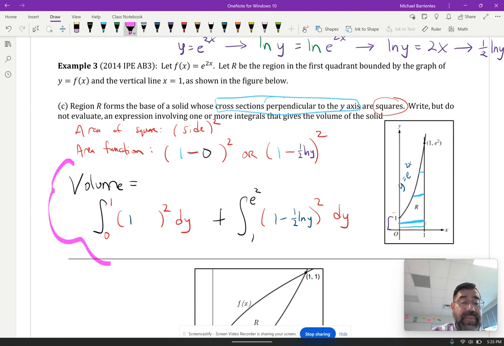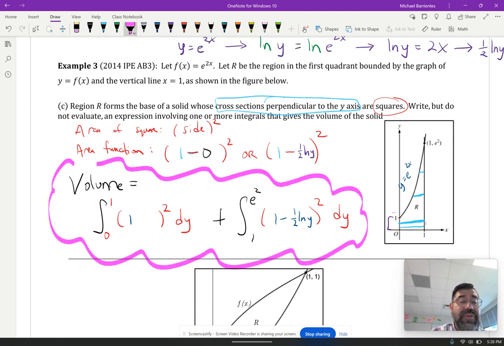Right here, my good people, you have now set up an integral, or in this case, a sum of two integrals that will find the volume of this three-dimensional object that we create when we put cross-sectional squares in this orientation from 0 all the way to the top y value, and the top y value is e squared.